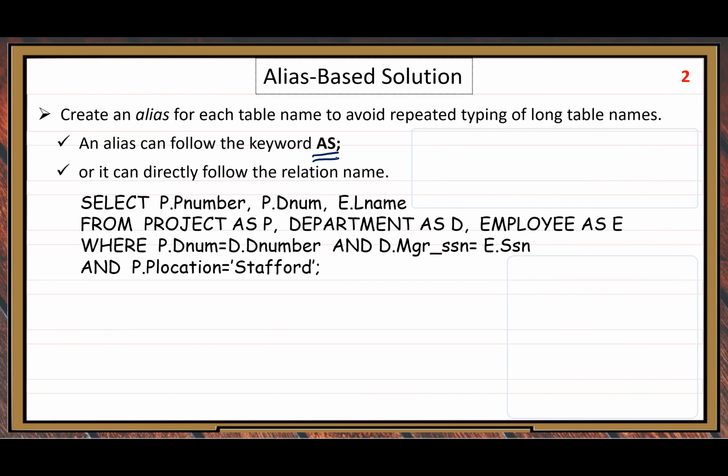Yeah, project as P, department as D, employee as E. In the from clause, we make it very clear. Yeah, we don't need more typing to give us information about these three tables.